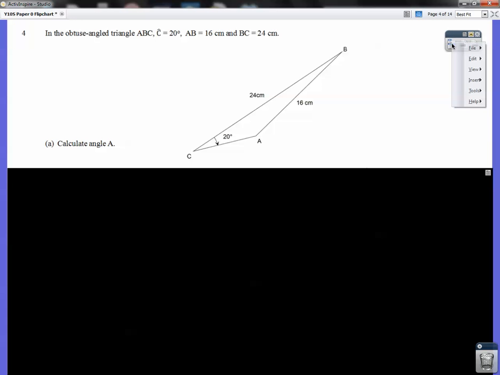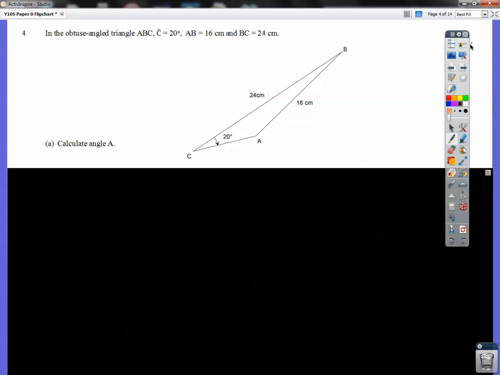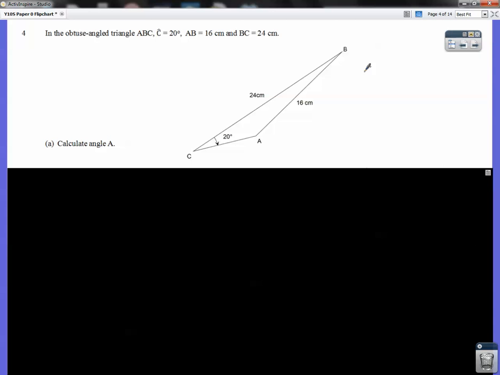So if I just write down the sine rule in terms of A's, B's and C's. Side opposite angle A labelled with a lowercase a, side opposite angle B we'll call lowercase b, and the side opposite angle C we'll call lowercase c.